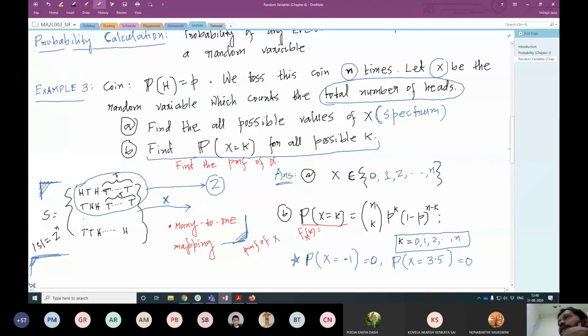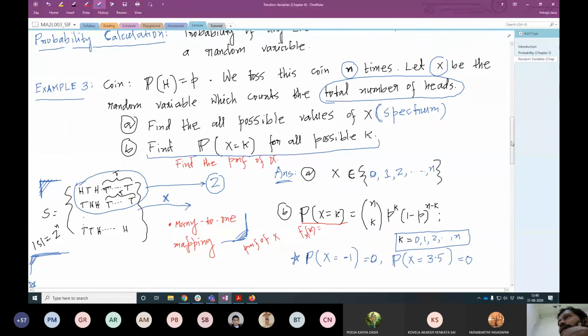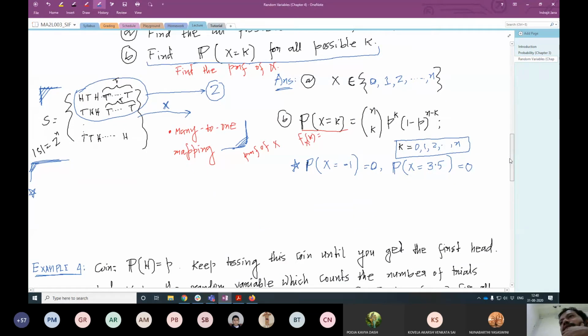Now this is just a model example. There are many similar examples. You roll a dice maybe 10 times and count the number of 6s, or maybe many other things. So essentially, this is counting the number of successes in a specified number of trials.